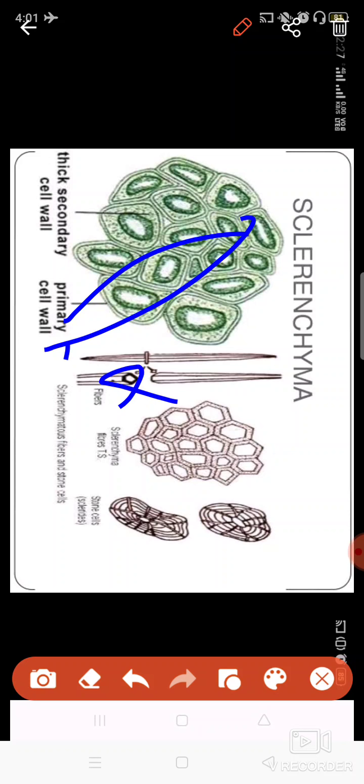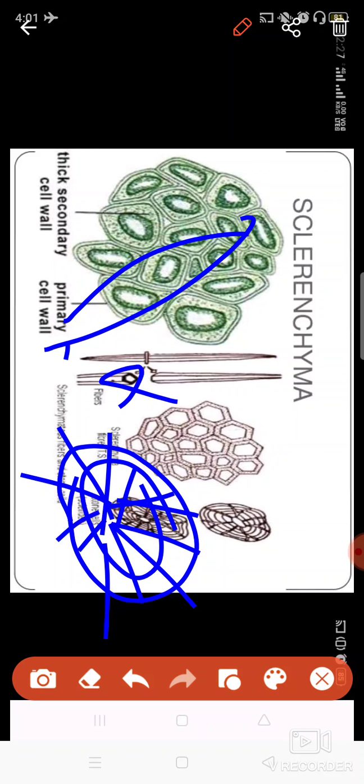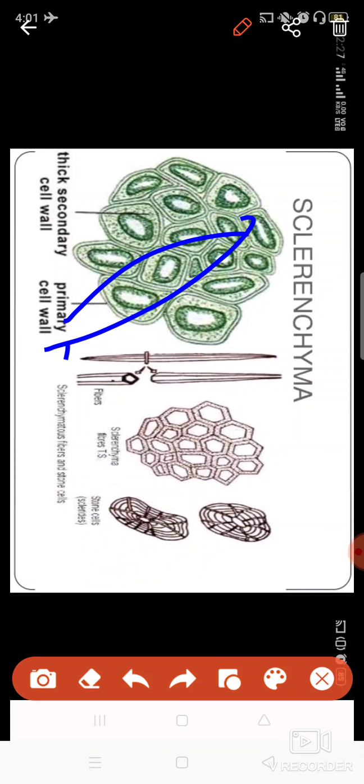On the other hand, stone cells are short in shape, and they have pits which connect them from the outer boundaries.